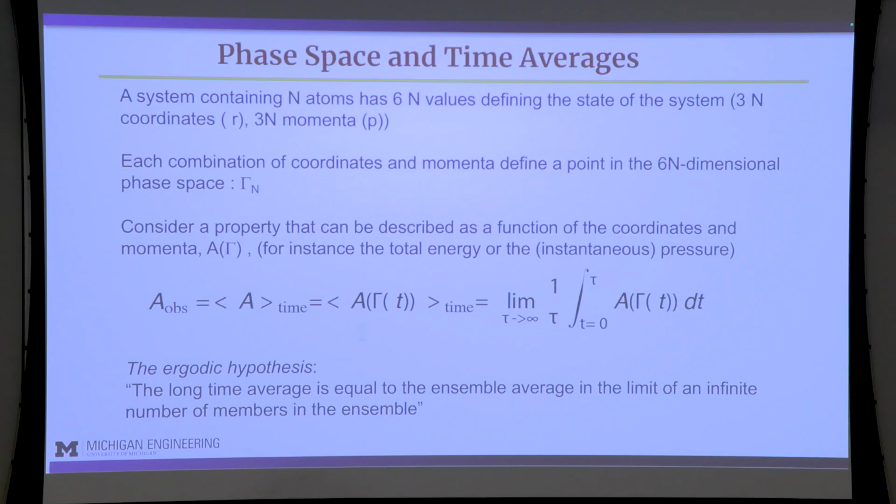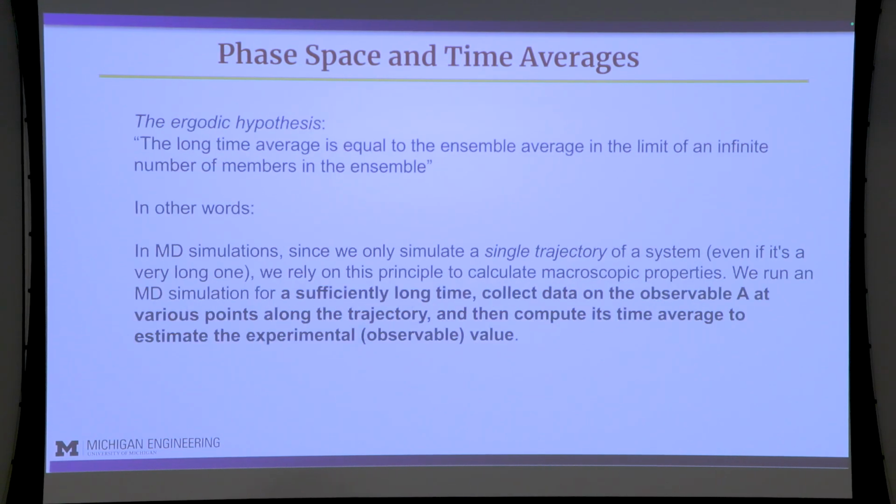Okay, so your ensemble is big, and you should run for a long time, because that's the reality. You can run an MD for a long time. So you work under this ergodic hypothesis that basically changes the long time average to the ensemble average that you have in your systems.